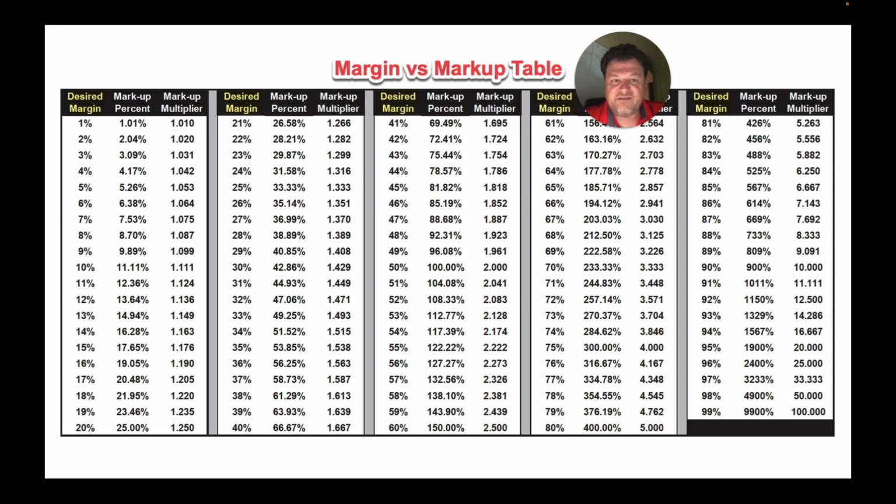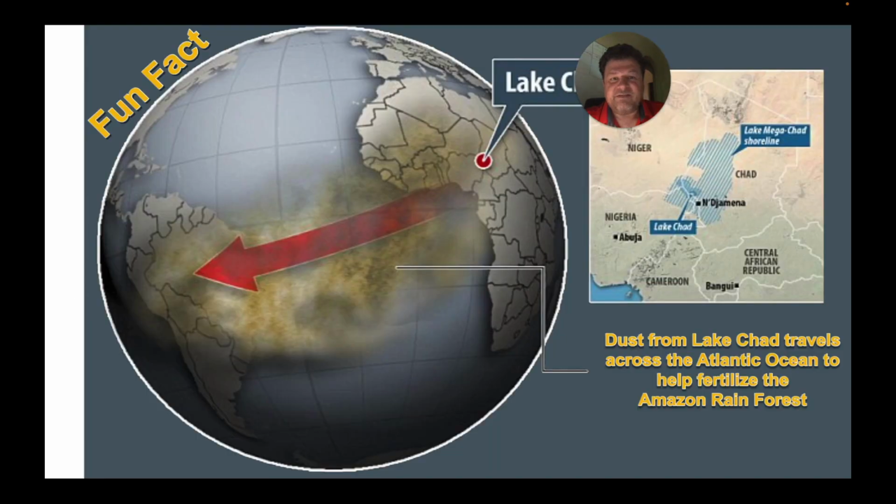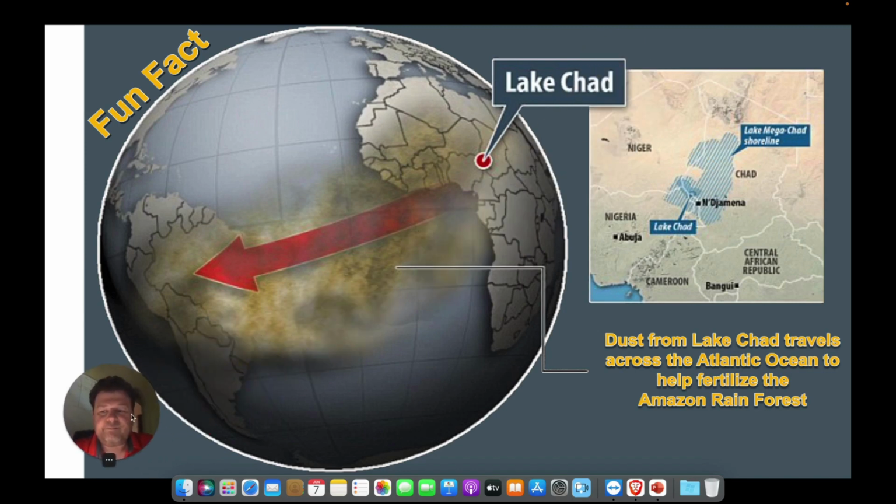Now, fun fact of the day. There's a lake in Chad, mostly in Chad. It was kind of straddling some other countries here. But you see here that the lake is actually pretty small right now.